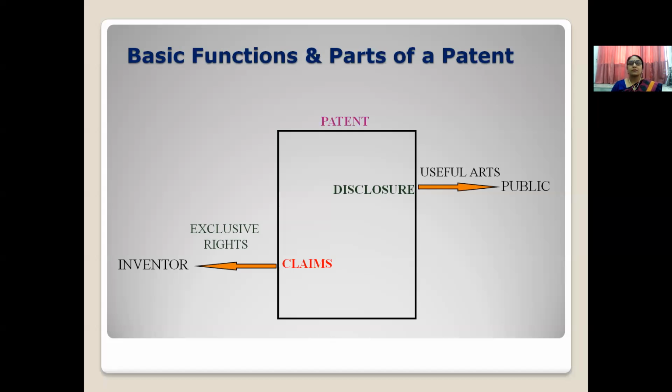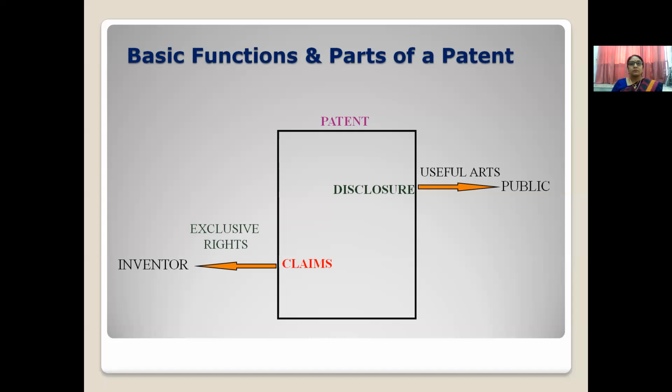Whatever goes into the claims, you will get the right. Suppose something you mentioned in the disclosure, but somehow you forgot to mention in the claim. Then it is gone case. You cannot get any right over the missing part from the claims.